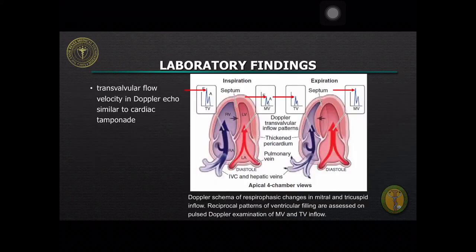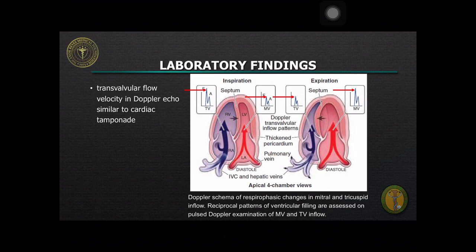The transvalvular flow velocity in Doppler echo is similar to cardiac tamponade. During inspiration, there is exaggerated reduction of flow velocity in the pulmonary veins and across the mitral valve and a leftward shift of the ventricular septum.